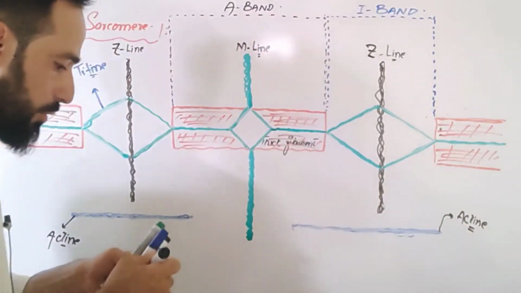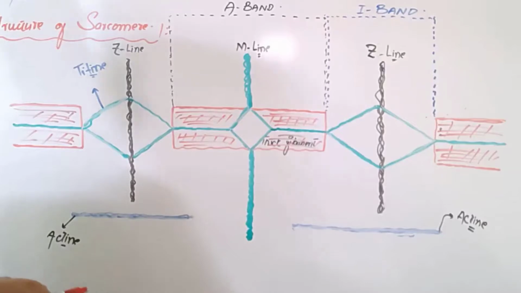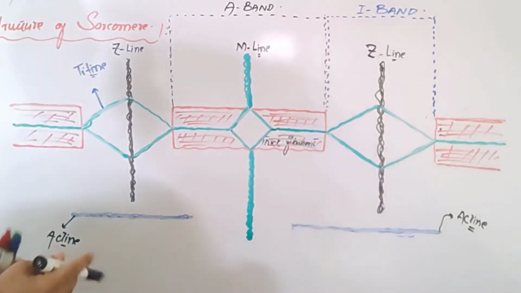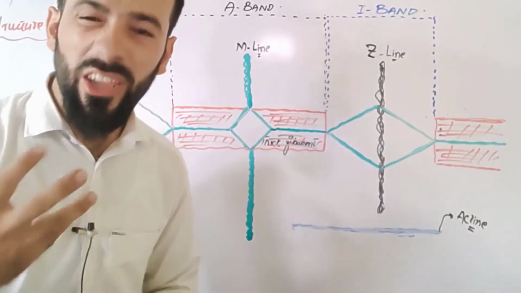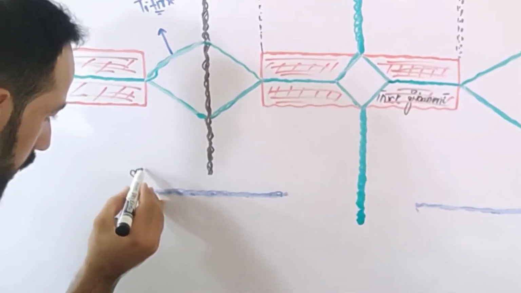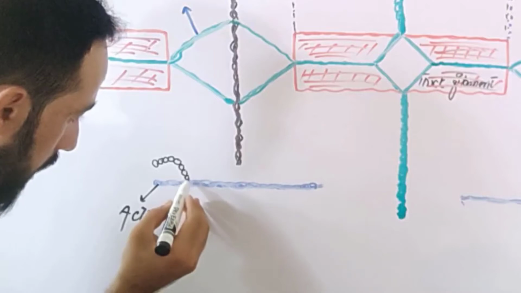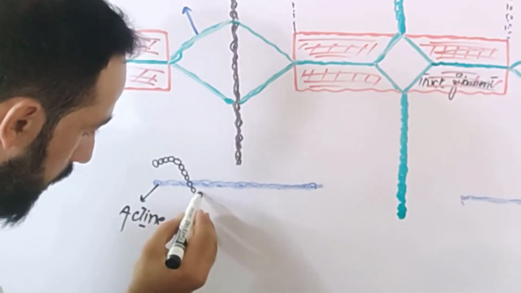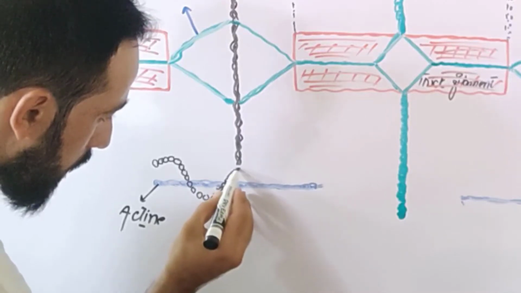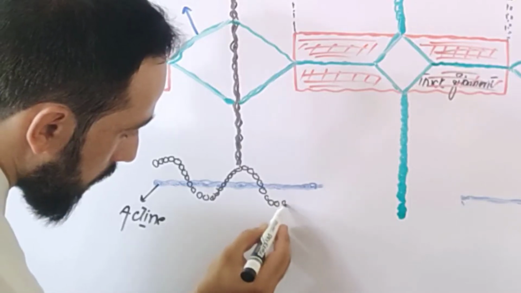Around the actin protein, structurally there is coiling of another protein, which is called the G protein or F protein, right? So here I will make the diagram like this. Like this.